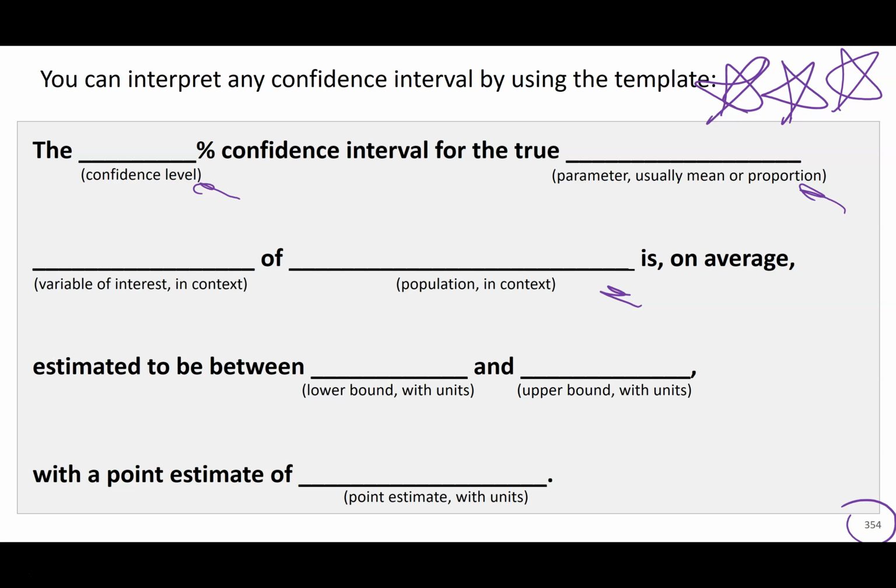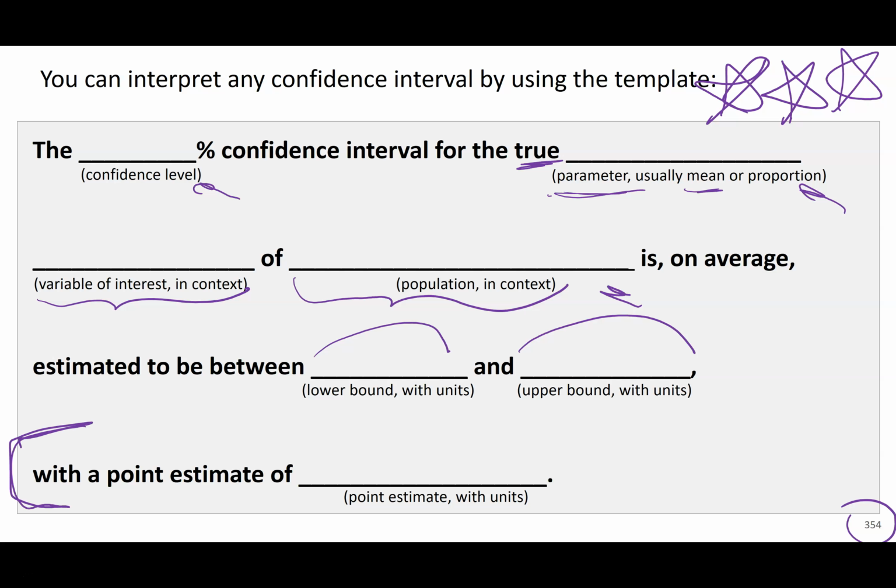If the sentence makes more sense worded differently, okay, but we look for all these components. The blank percent confidence interval for the true, that's us saying it comes from the population, parameter, usually mean, and then the variable of interest, what we're measuring. Here it'll be zinc concentration of all locations on this river is on average estimated to be between your lower bound with units and upper bound with units. And this part's important too: with a point estimate of your sample mean with units.